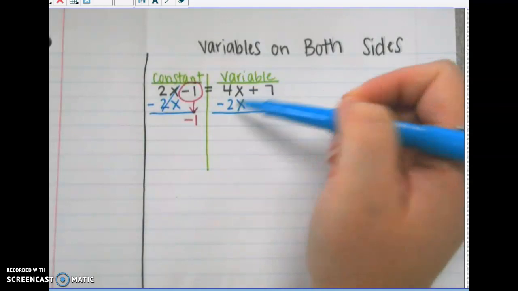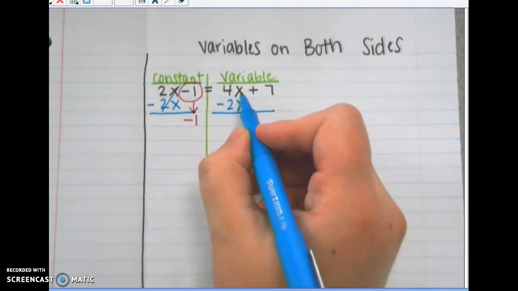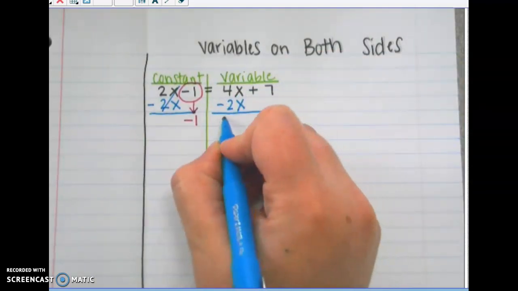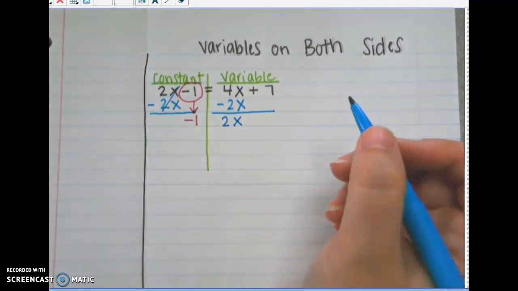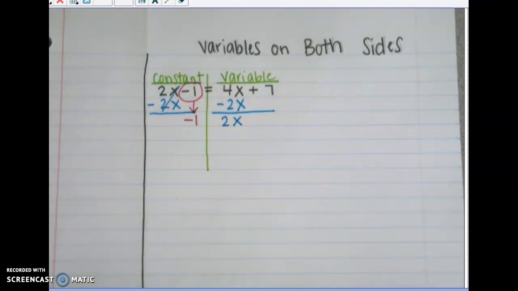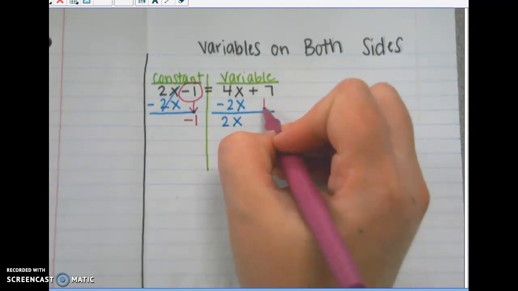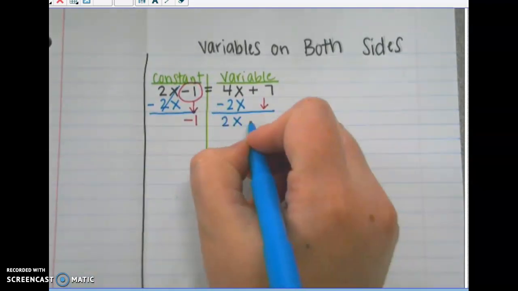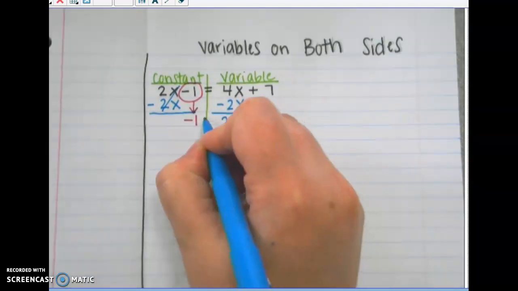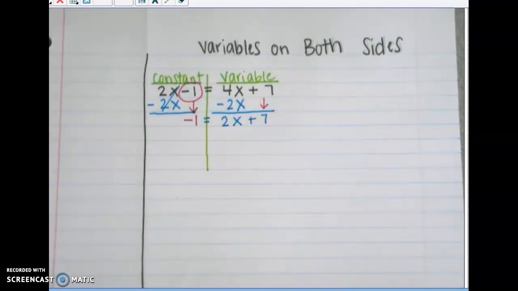So if you remember things about combining like terms, 4x take away 2x is going to leave me with 2x because 4 minus 2 is 2. I also have this term to bring down. So now my equation is -1 equals 2x plus 7.